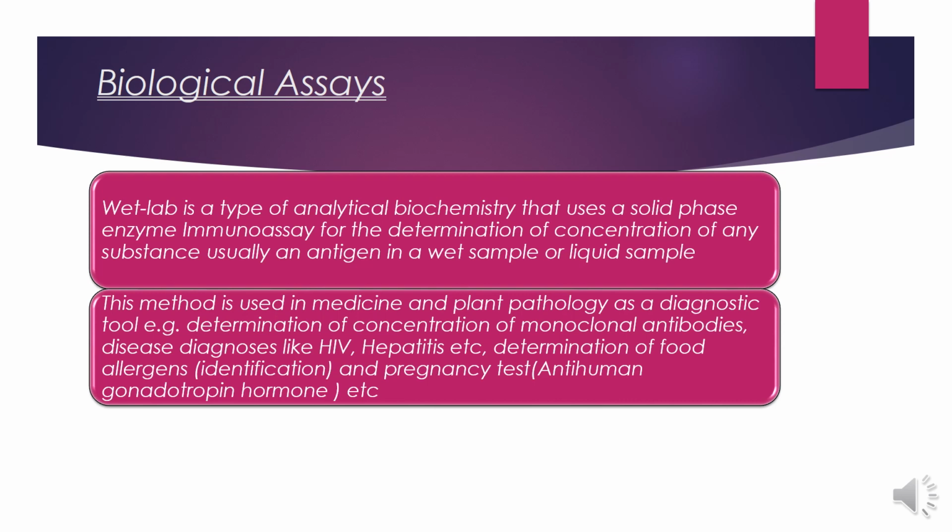Like in the pregnancy test, usually the kit is having the anti-human gonadotropin hormone for performing the test. So these are examples in normal routine life where we are using certain kits that use the immunoassay technique for diagnosis of various diseases or various conditions.